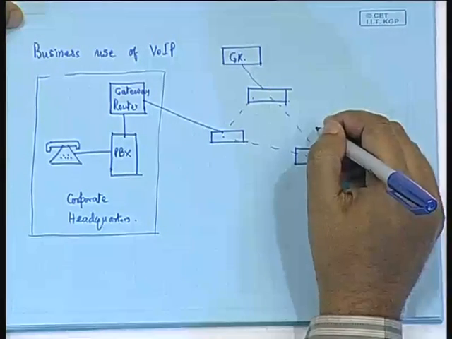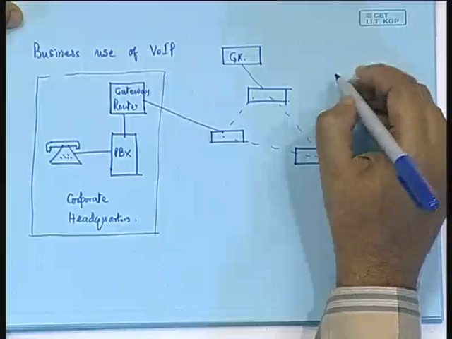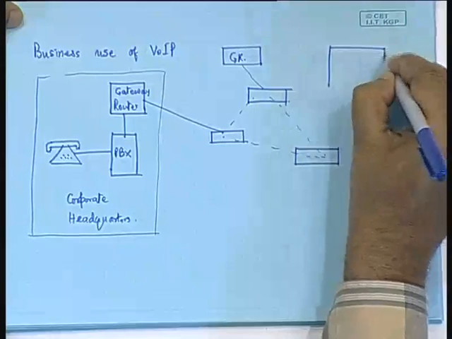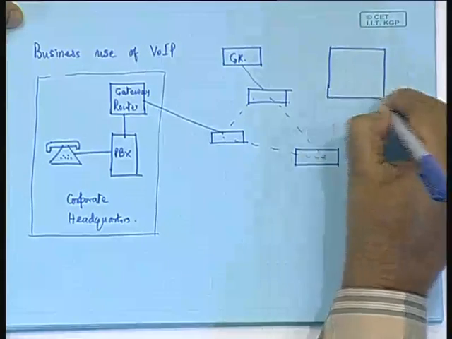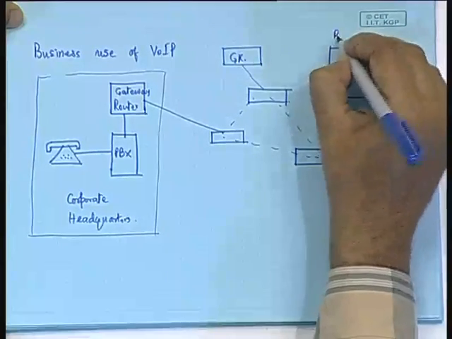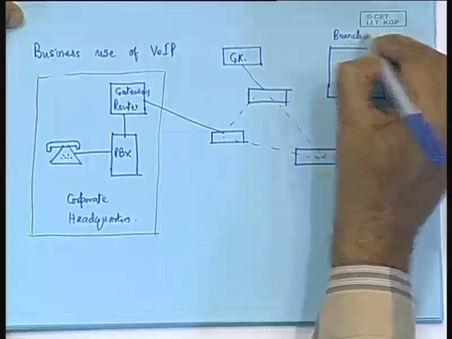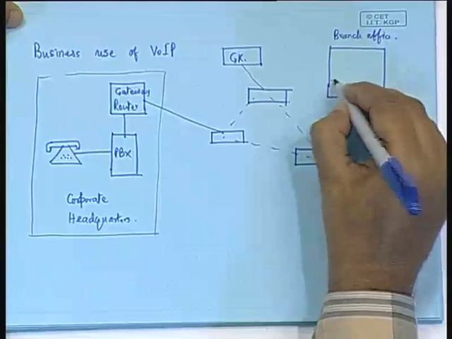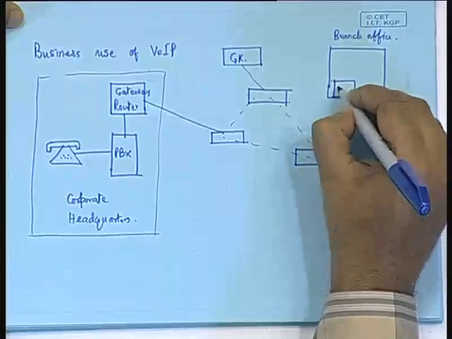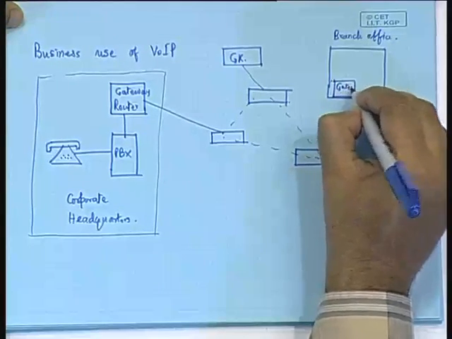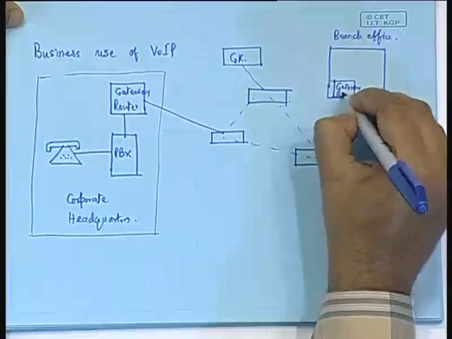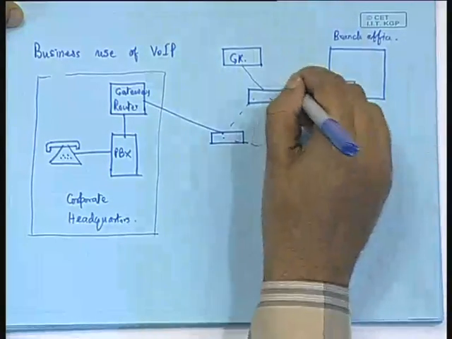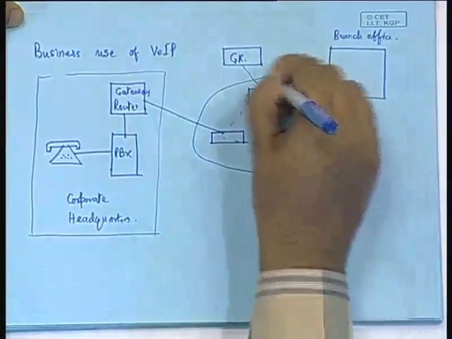And supposing one of the destinations is a branch office over here, where we will be having another gateway router. This router will be linked to this router. So, this is a network of routers.